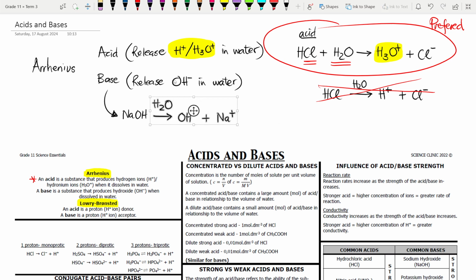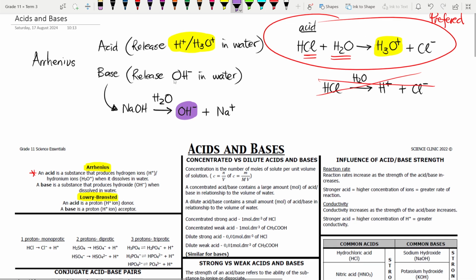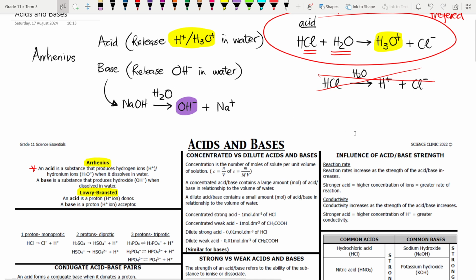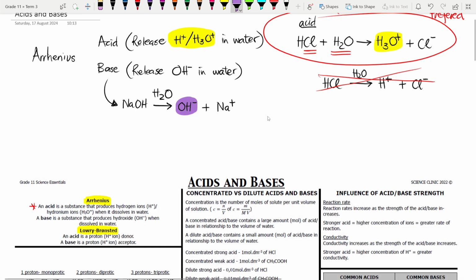But every time we talk of a base, you'll see these OH minus ions produced. They'll actually show them in the questions. So that is based on Arrhenius. Bronsted and Lowry, their definition is very simple and straightforward, and they actually like those ones.